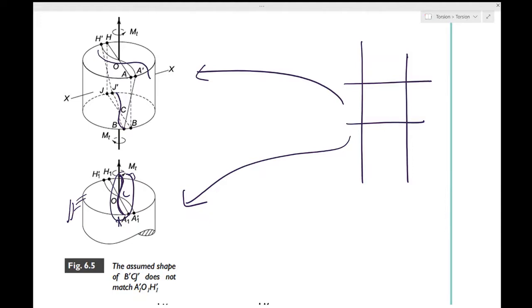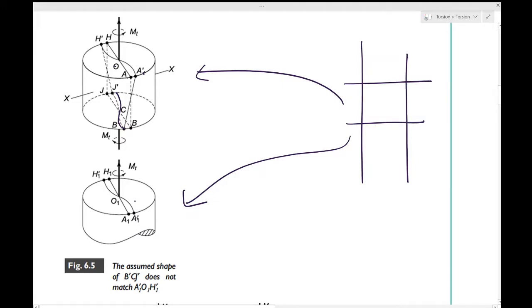Since this element is subjected to the same deformation as the element above, we expect the diameter A1O1H1' to have the same shape as A'OH'.